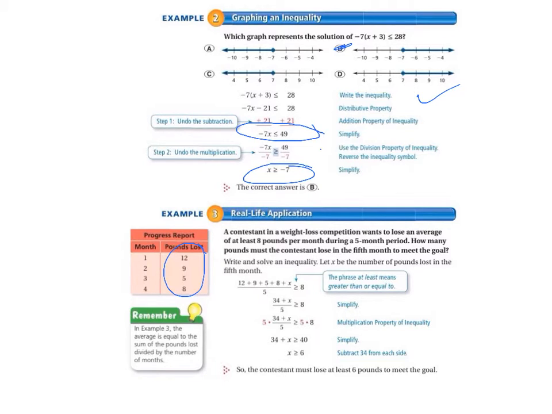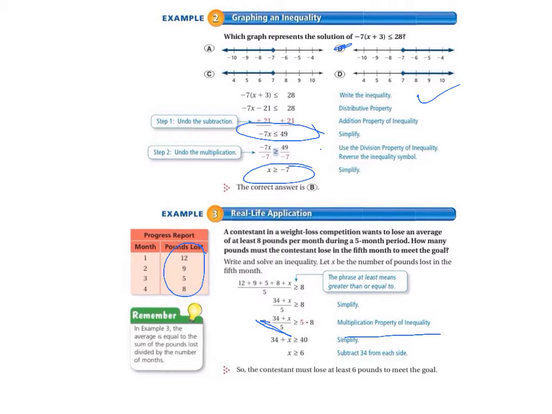And then we want to use the multiplication property of inequality to make the 5 go away. And so that leaves us with 34 plus x on the left and 40 on the right.